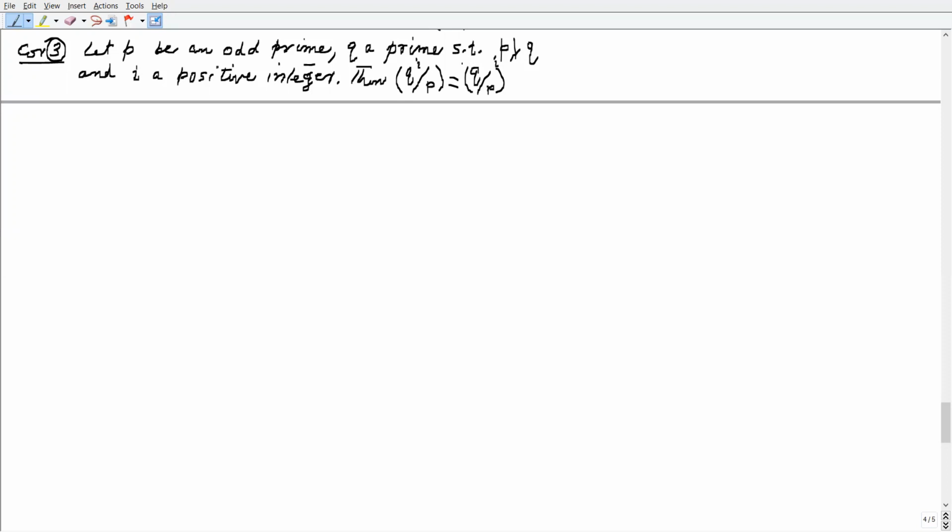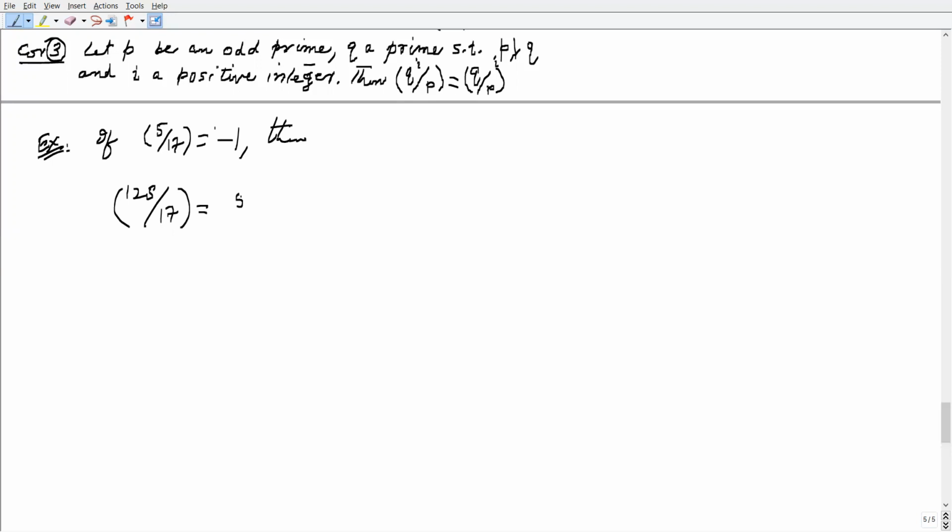By using this result, we can find the Legendre symbol of different integers. For example, if the Legendre symbol of 5/17 is -1, then the Legendre symbol of 125/17 can be computed by using the above rule.